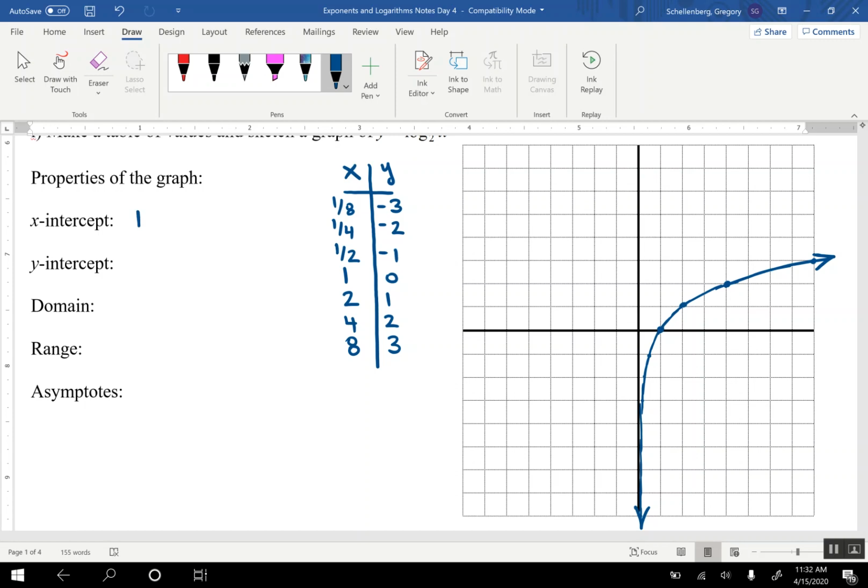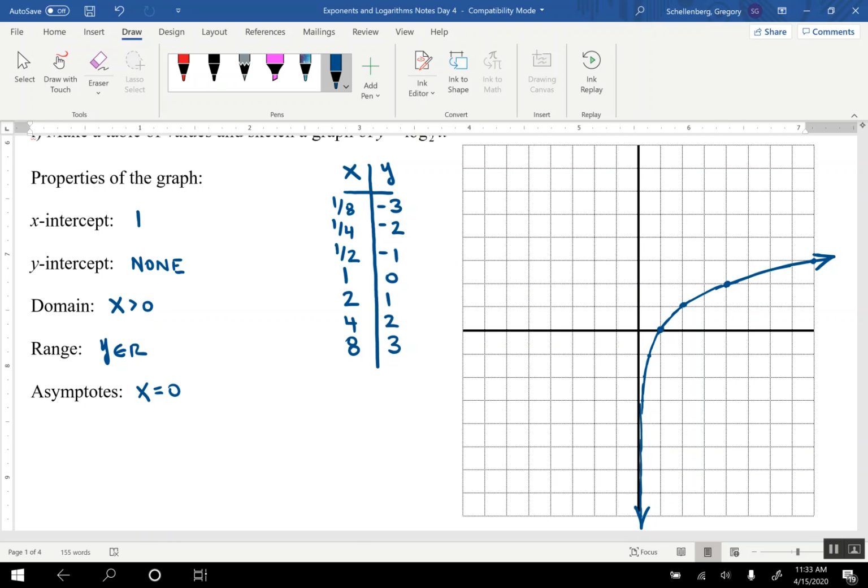We do not have a y-intercept, but what we would notice is that there is a vertical asymptote, and it's got the equation x equals 0, which is our y-axis. Domain: x is greater than 0, and our range: y is an element of the set of real numbers.